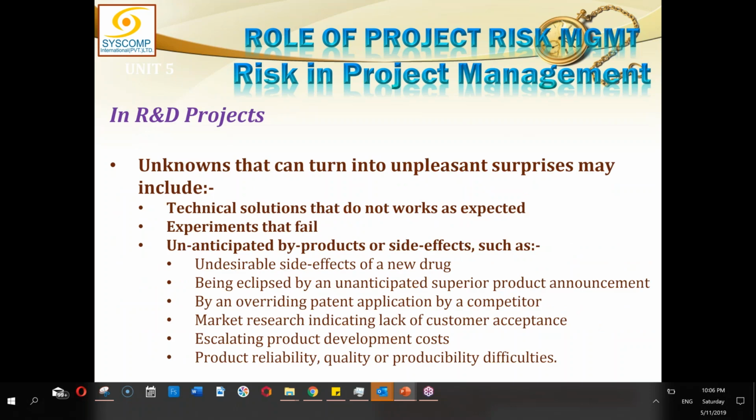In research and development projects, unknowns that can turn into unpleasant surprises may include technical solutions that do not work as expected, experiments that fail, and unanticipated byproducts or side effects, such as undesirable side effects of a new drug, being eclipsed by an unanticipated superior product announcement by some other competitor, by an overriding patent application by a competitor, market research indicating lack of customer acceptance, escalating product development costs, and product reliability, quality, and producibility difficulties.